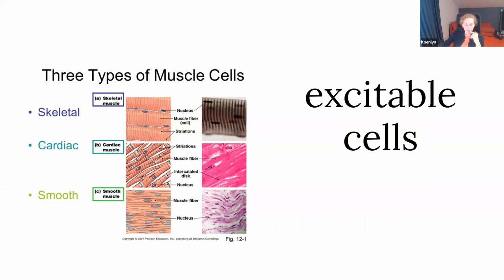And all cells in the body are connected with neighboring cells. But the neurons are not connected with all neighboring cells. They have connections only in some specific places. And you know, we call them synapses, the connections between neurons.